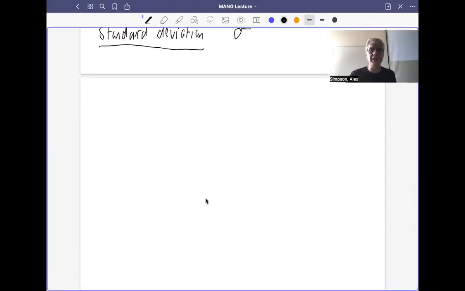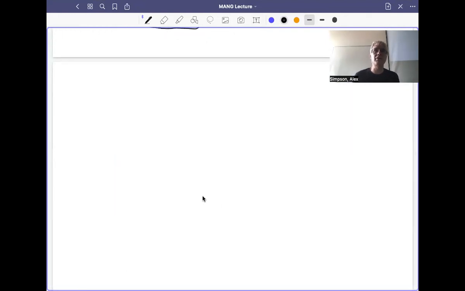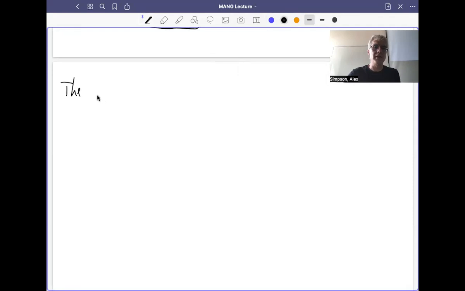So the notion of standard deviation doesn't just make sense for normally distributed data. You can use it for whatever numerical data you've got. It's a measure of spread.